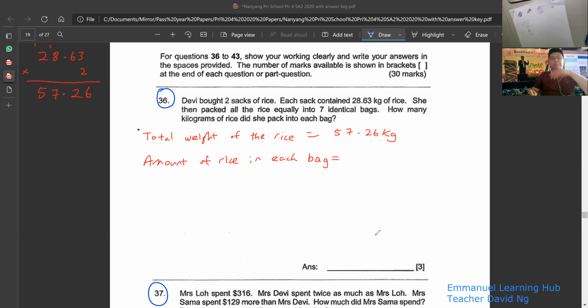You understand the question, right? So this amount of rice was distributed equally into 7 bags.